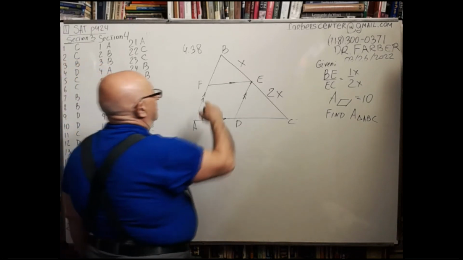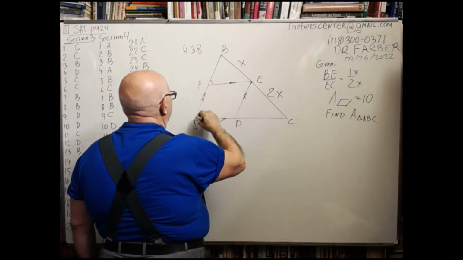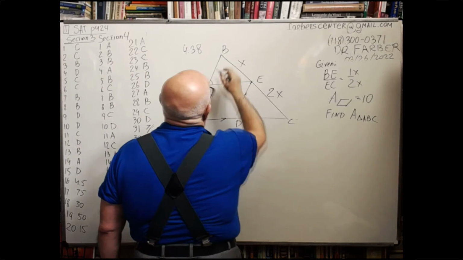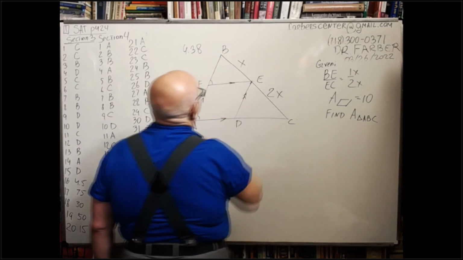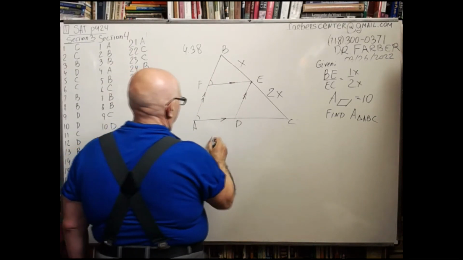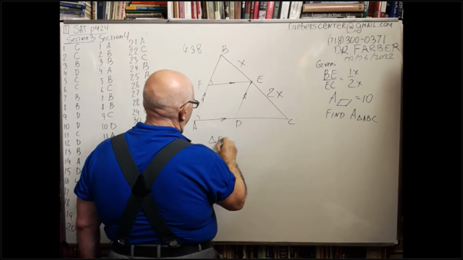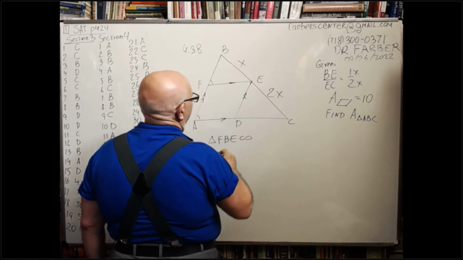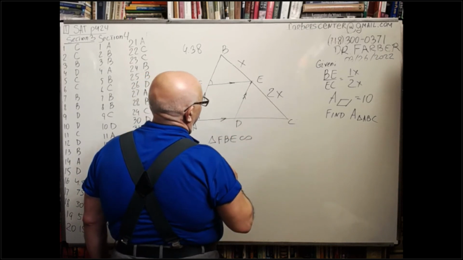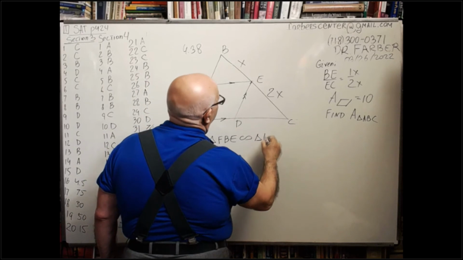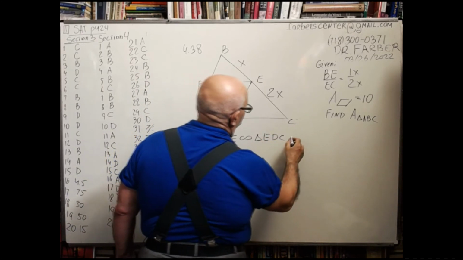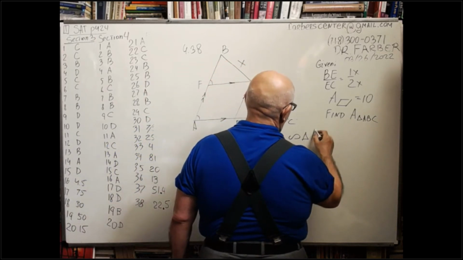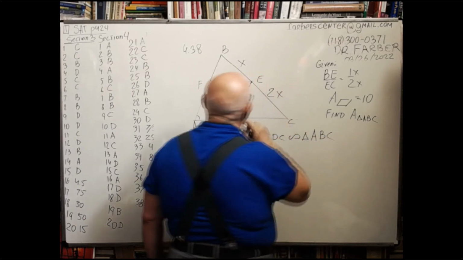If two lines are parallel, corresponding angles are the same, and you can easily prove that all three triangles, the small triangle FBE, are similar to triangle EDC, and similar to triangle ABC. Easy, okay?